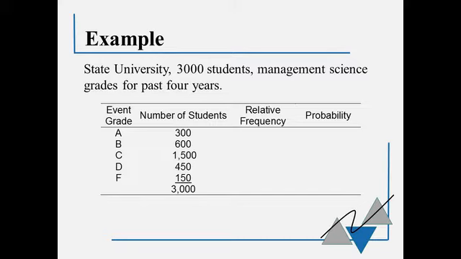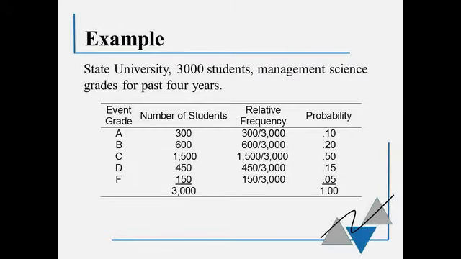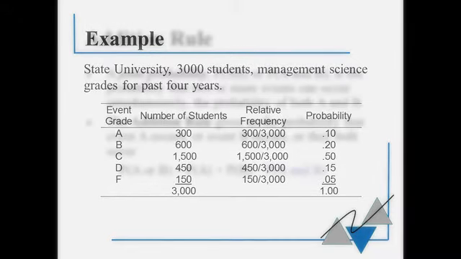To come up with the relative frequency, we take the count for each grade and divide by the total number. So we had 300 over 3,000 for the A's, so that's 0.1, or essentially 10%. And then we use that relative frequency as an approximation for the probability. If I'm going to choose one student at random, I have a 10% chance of choosing a student who made an A.